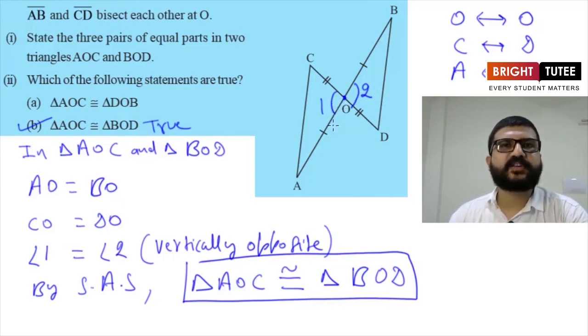Remember one thing, angle should be the included angle. We can't use any other angle. Then we can't use SAS for that. And we have seen many questions on SAS criteria. Now in upcoming videos we are going to discuss couple of more criteria for congruency of triangles.